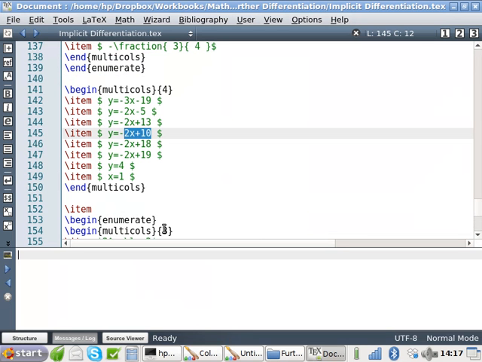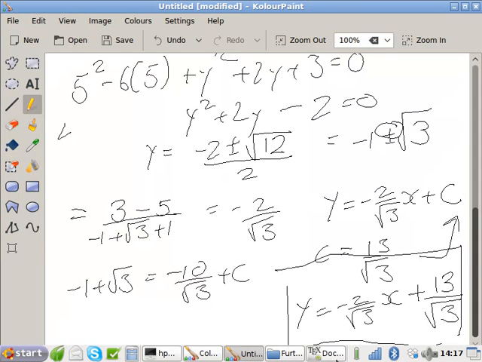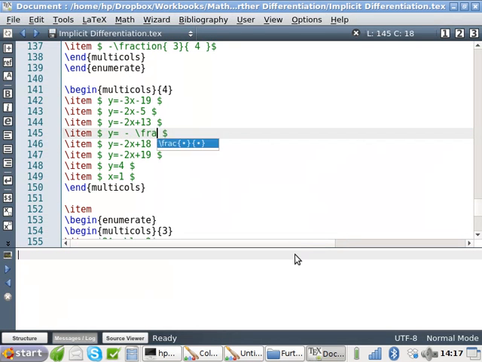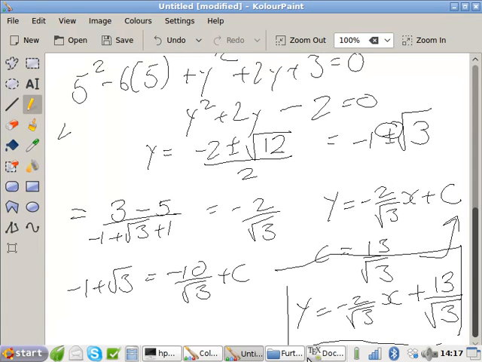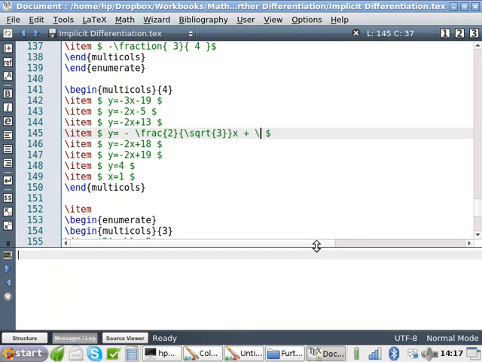Can you read the answer to me? Minus 2 over square root 3, and then the plus 13 over root 3.